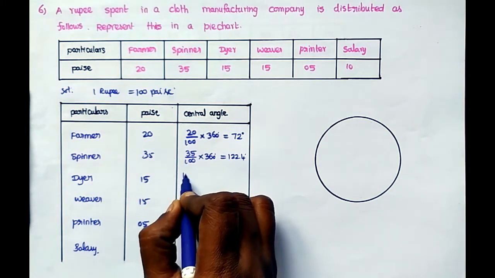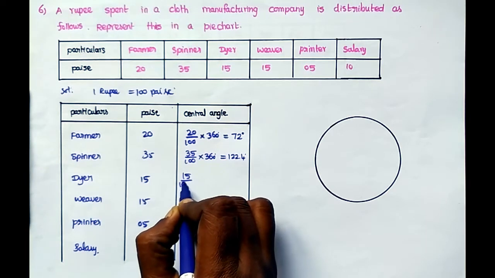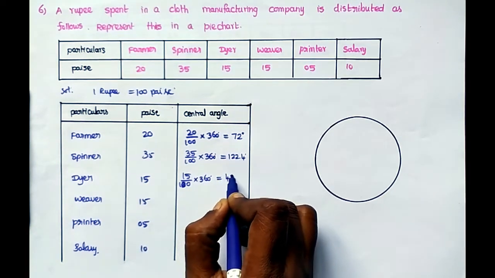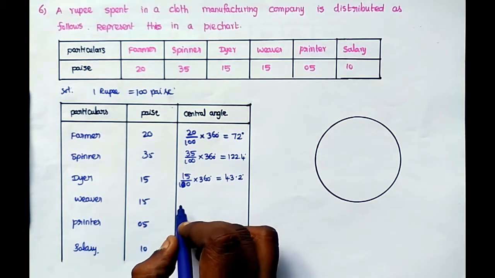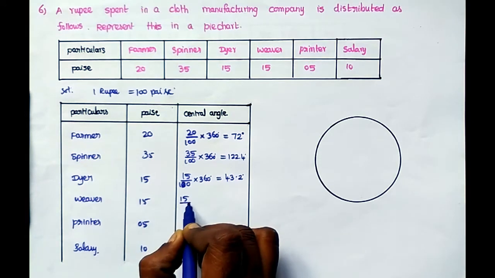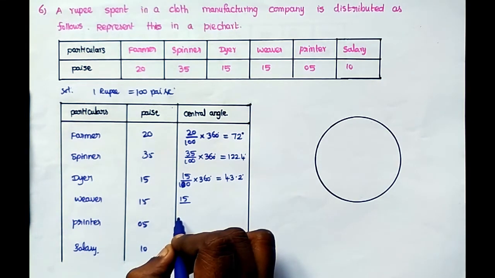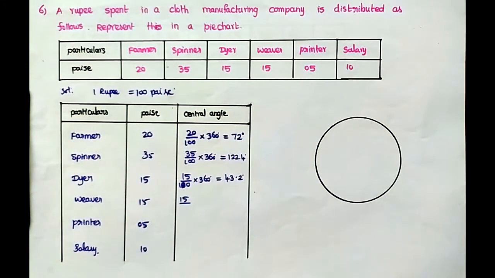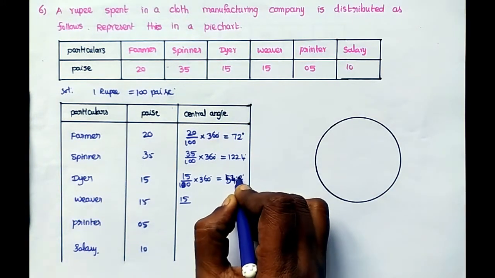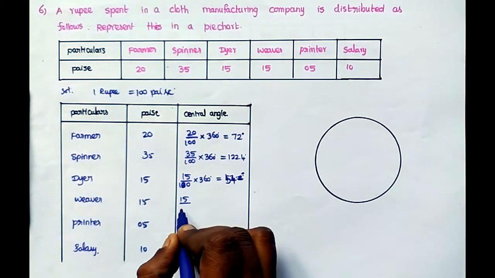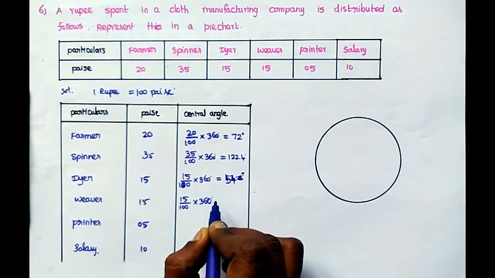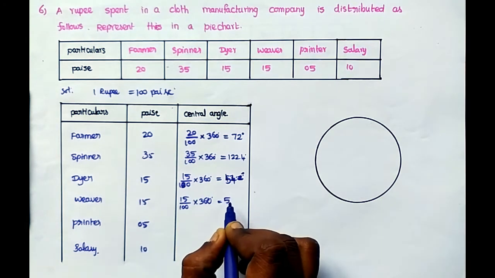Next one, 15 divided by 100 into 360, that is 54 degrees. 15 by 100 into 360, that is also 54 degrees.